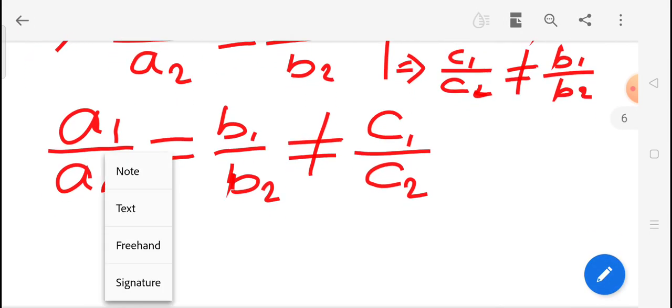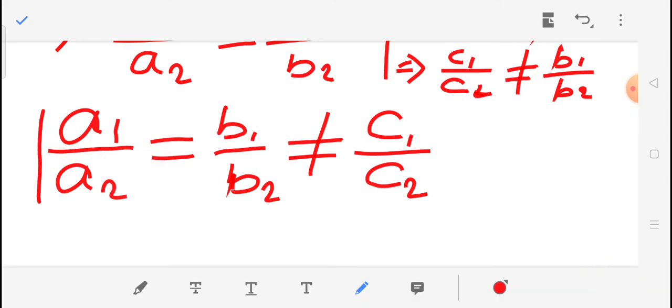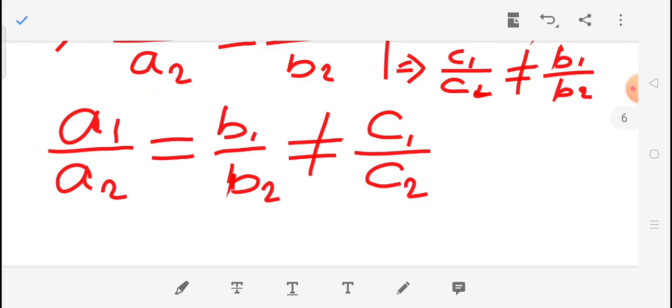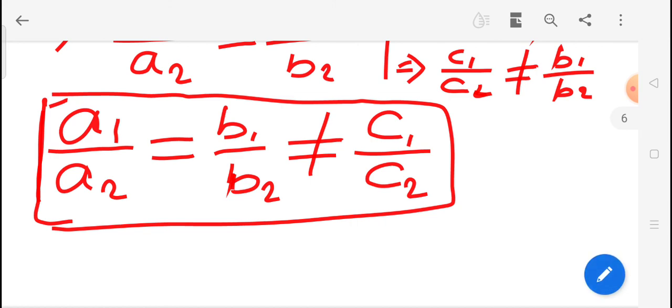I hope that it is very easy to understand. Actually I'm just recapitulating all the things I had done. First of all, we should know the slope intercept form of the equation of a line, and then we can convert the general form of linear equations in two variables into the slope intercept form, and from there we can get the slope of the line in terms of the coefficients of x and y and the constant term.